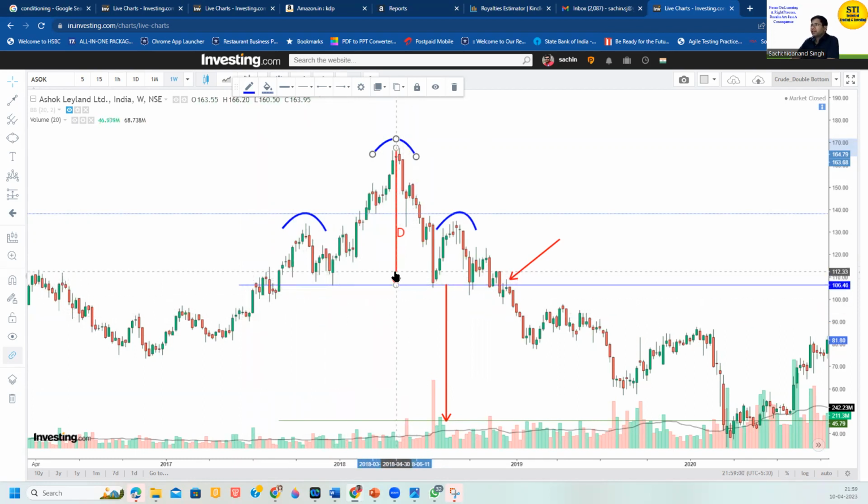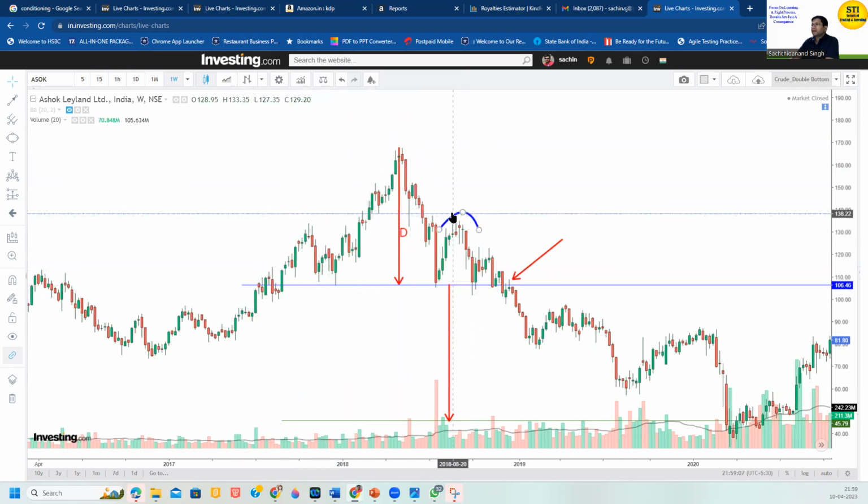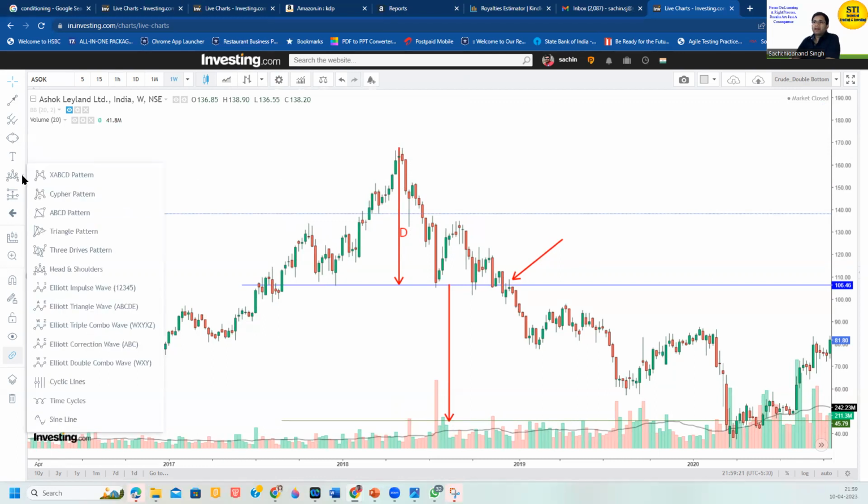There is also an indicator which is used for this. I'll just delete it for better understanding. Under the sixth toolbar option, if you click here, you will find many indicators, and we are going to select head and shoulder.